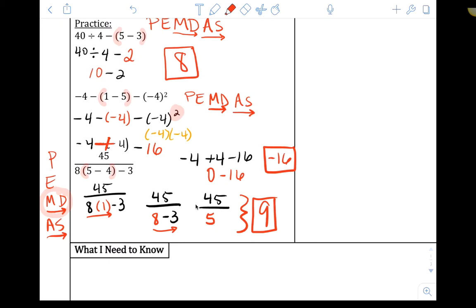Do PEMDAS on the top and on the bottom first before we simplify the whole thing as a fraction. So that's why I stuck to the denominator right here and never talked about that fraction bar right here until the very, very end. Because you want to simplify the numerator, then you want to simplify the denominator, and then if you still have a fraction remaining, then we'll divide.